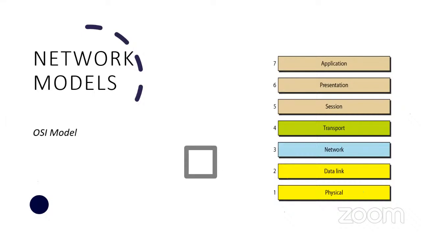Okay. A node is an end device. Like you have your computers, printer, IP phones. These are nodes. Then when you're talking about your network media, we are talking about your means of connection.